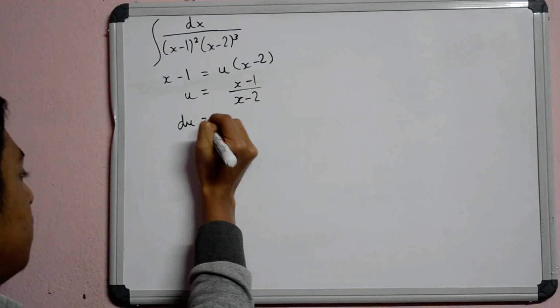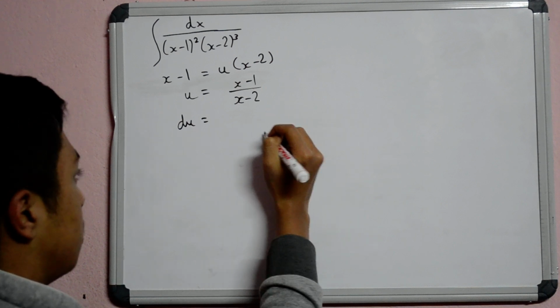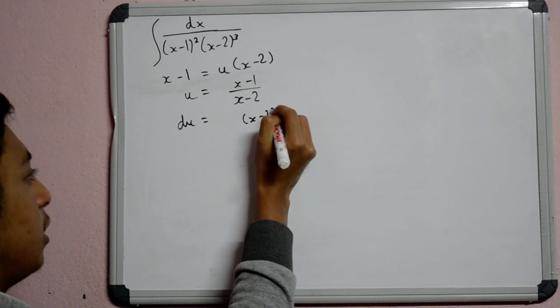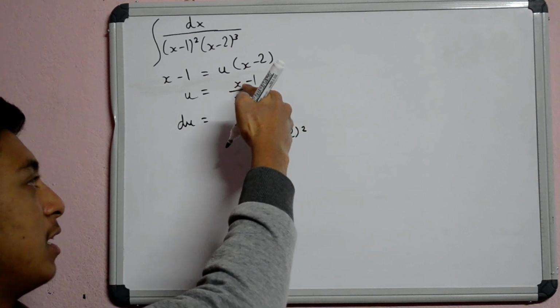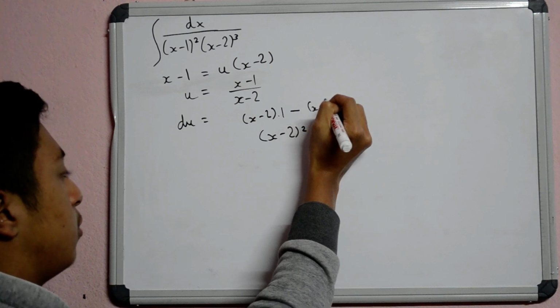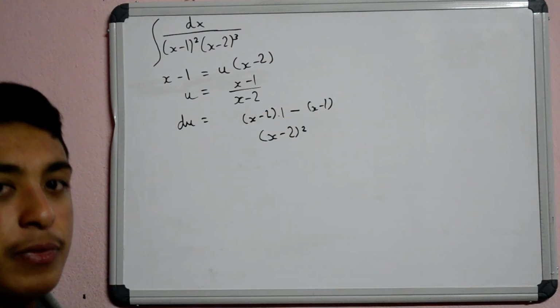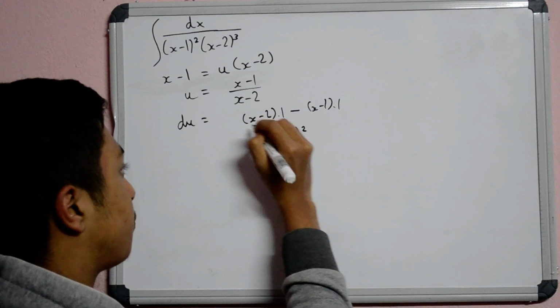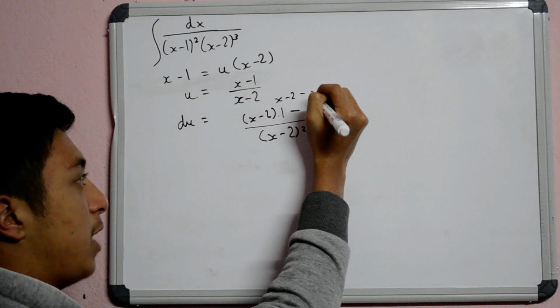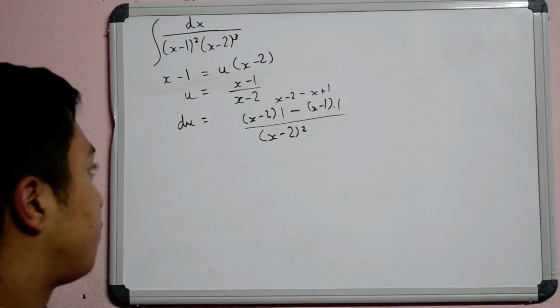So du will be differentiating this, which is first the denominator (x minus 2) whole square, into the derivative of the numerator, which is simply 1, minus (x minus 1) into the derivative of x minus 2, which is just 1 again. So from here we get x minus 2 minus x plus 1.